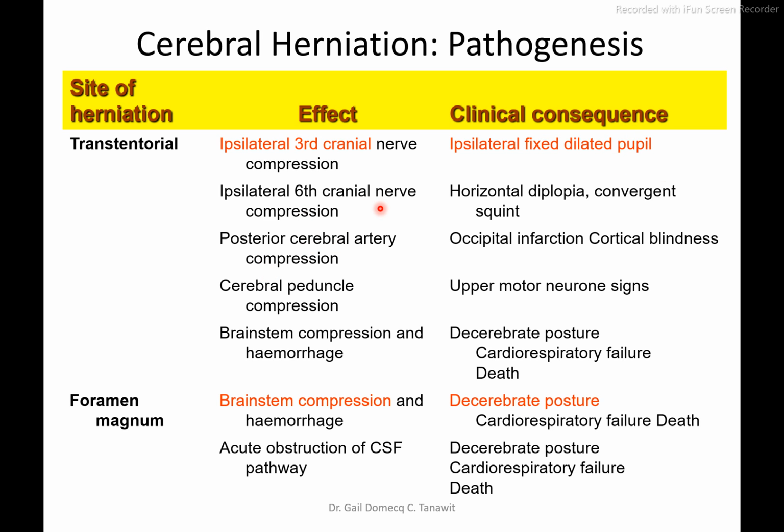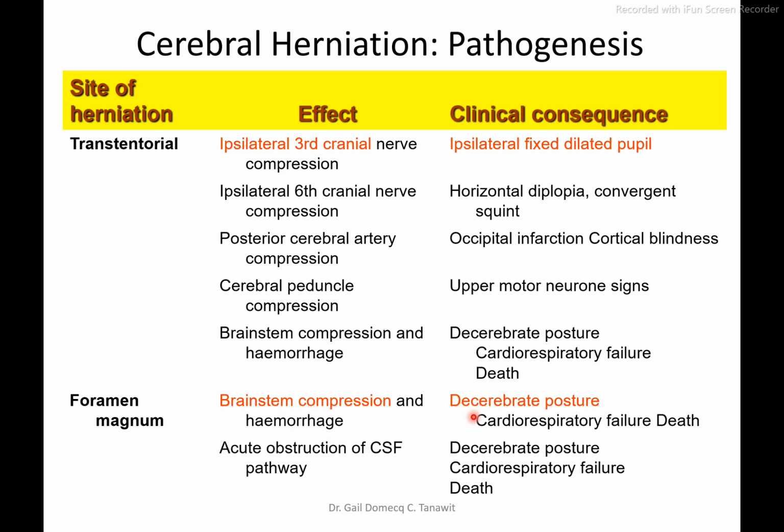Ipsilateral sixth cranial nerve compression, so you can have diplopia and convergent squint. Posterior cerebral artery compression, cerebral peduncle compression, and even brainstem compression and hemorrhage. Sometimes they can go out into the foramen magnum, leading to brainstem compression and hemorrhage.